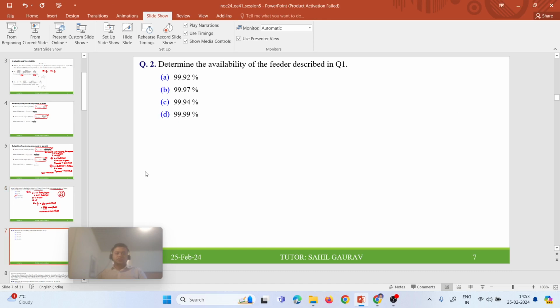The next problem is: determine the availability of the feeder described in question 1.